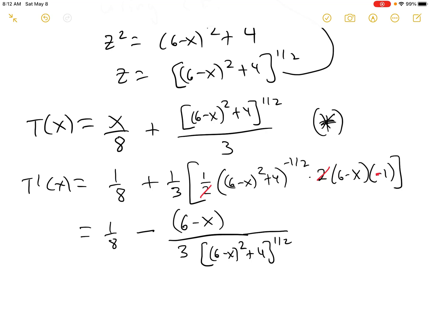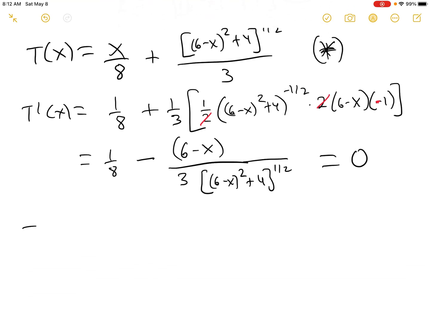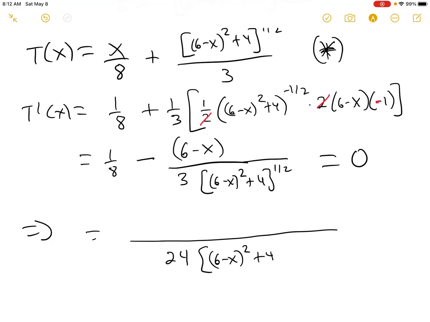Okay, we'll set this equal to 0 because we're looking for critical points, and find a common denominator, which is what? 8 times 3 times that thing. So that's 24 times ((6 minus x) squared plus 4) to the 1/2.